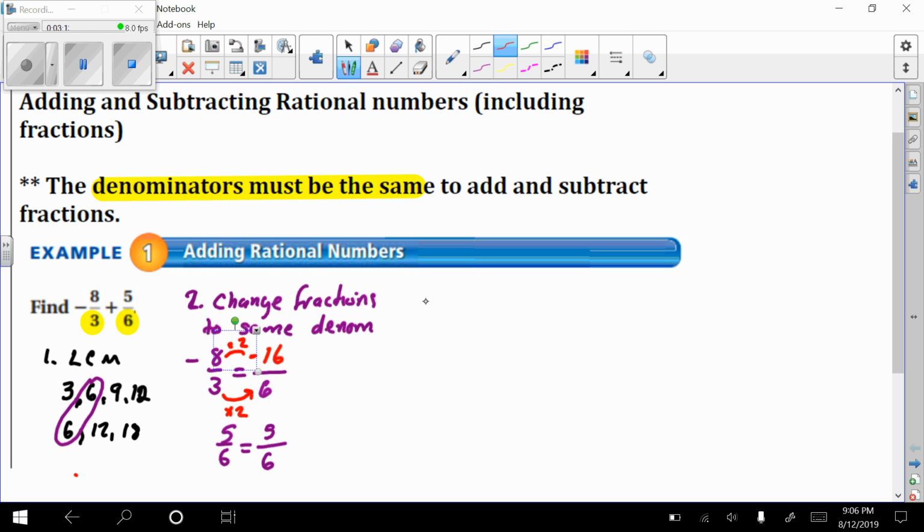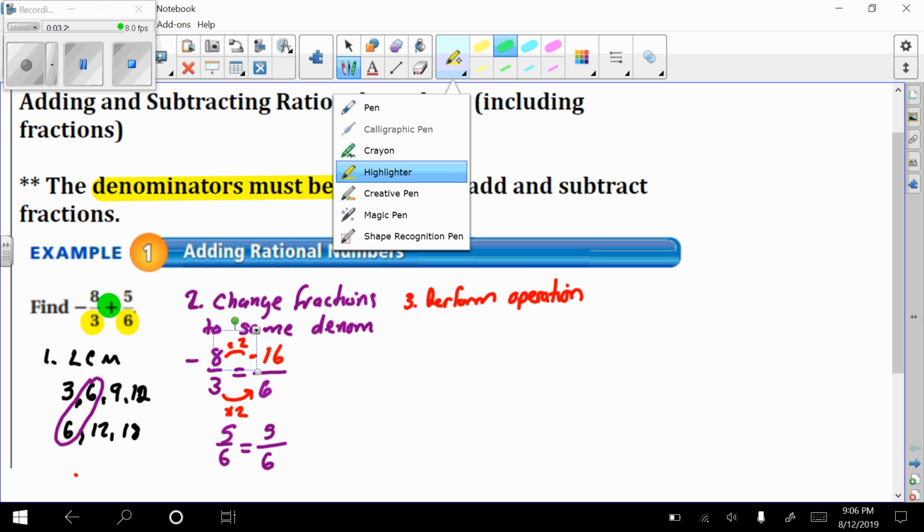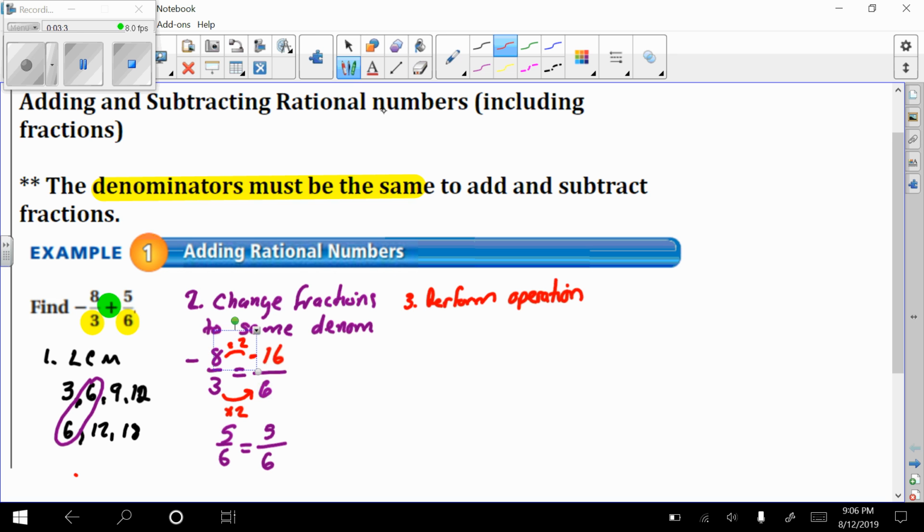The next step is we are going to perform the operation. So this was addition originally. I'm going to highlight that in a different color. So our new operation, with our new equivalent fractions, is still going to be addition. -16/6 plus 5/6.